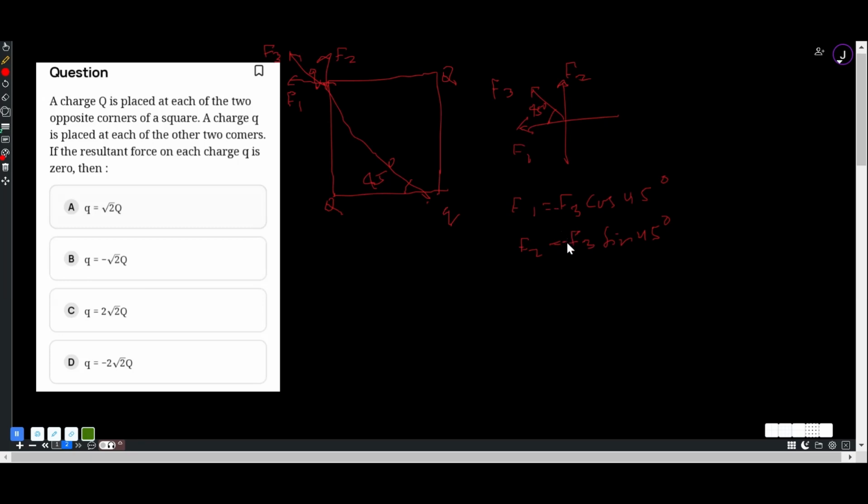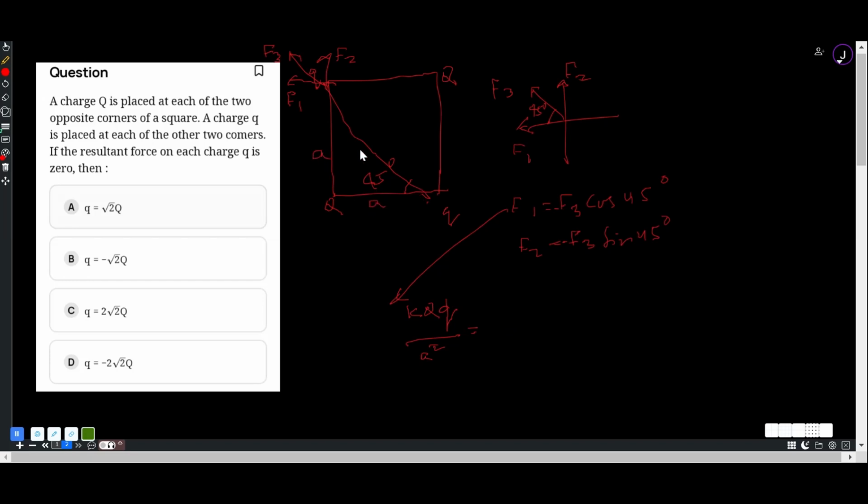That means F1 is equal to minus F3 cos 45. Similarly, on the vertical side, which is the y axis, we have F2 and we have F3 sin 45, and we are saying the net force here is 0. So F2 plus F3 sin 45 has to be 0. That means F2 is equal to minus F3 sin 45.